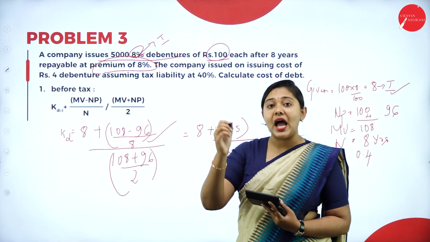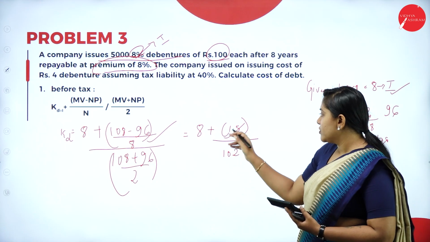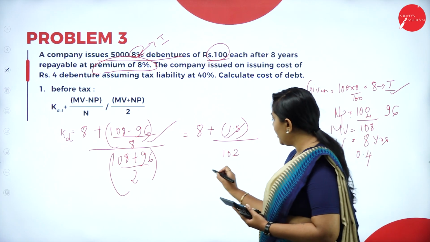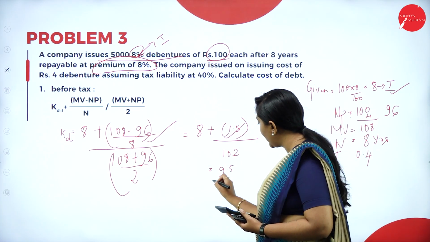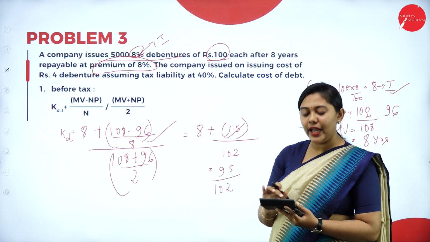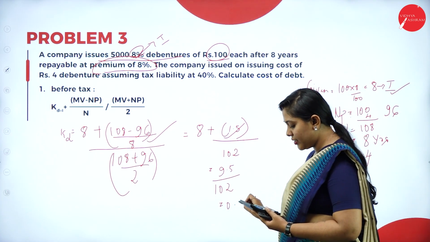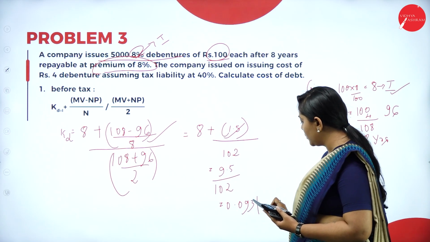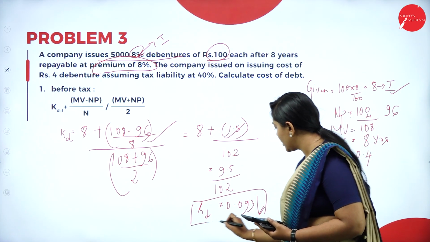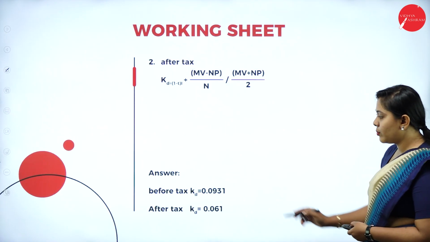Now let us add the interest to this number and divide by 102. So 8 plus 1.5 will be 9.5. So 9.5 divided by 102, the answer will be 0.0931. So cost of debt before tax is 0.0931.